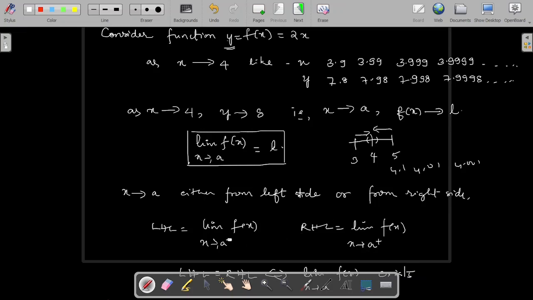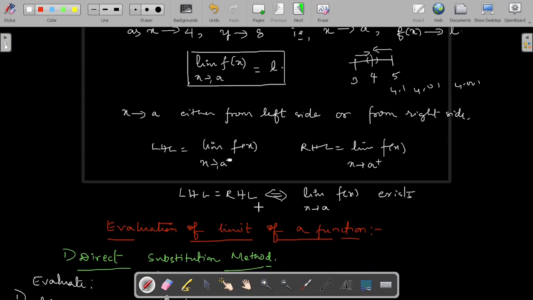Then the limit of a function exists only if the left hand limit equals the right hand limit. If both exist and both are equal, then that common value is called the limit of f of x as x tends to a.